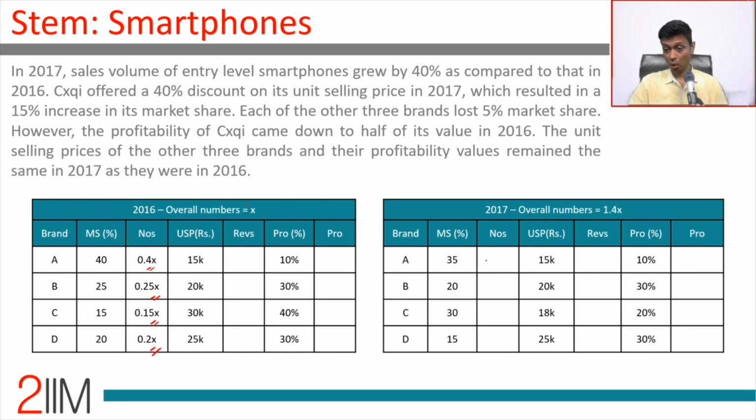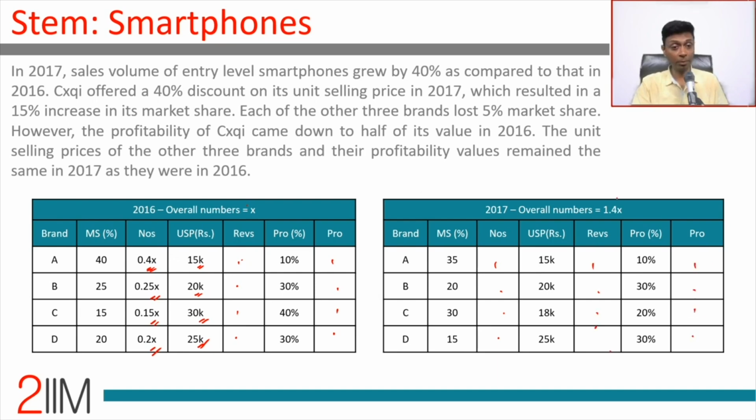This will be 0.35 times 1.4X, 0.2 times 1.4X, 0.3 times 1.4X, 0.15 times 1.4X. Revenues would be 0.4X into 15K. I'm writing 15,000 as 15K. Be 0.25X into 20K, 0.15X into 30K, 0.2X into 25K. Fine. We can find these numbers and complete everything and just solve the answer.